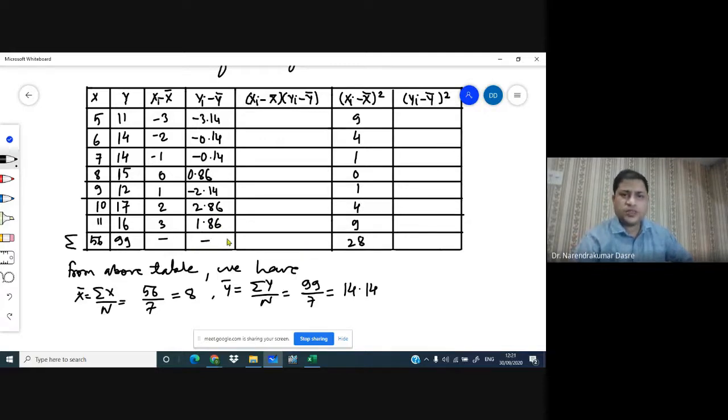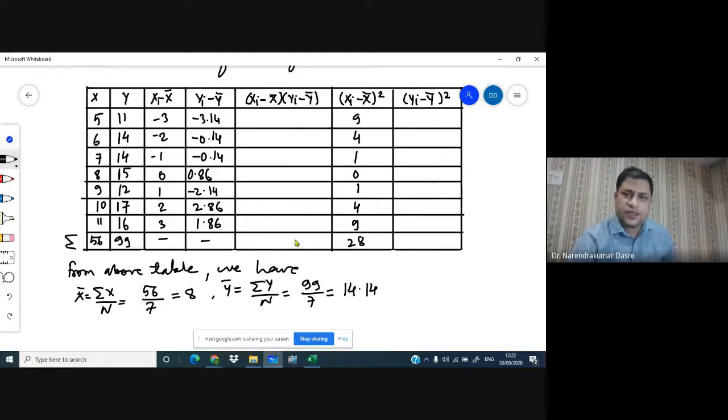So we want the sum of this. Now we have to find the squares. So I want you to find out the squares. Please find out these terms and then tell me what we have.